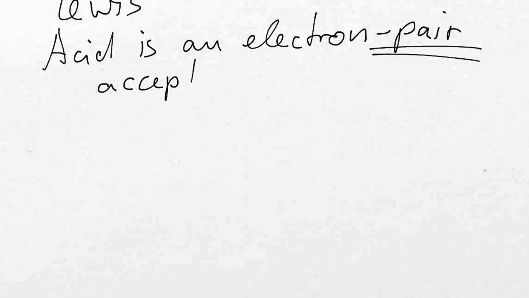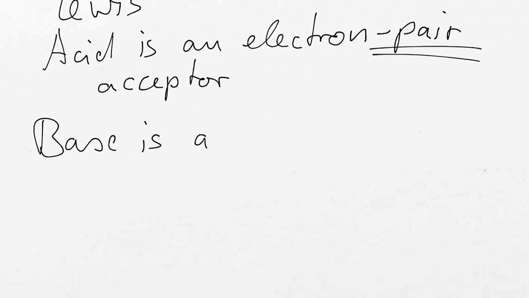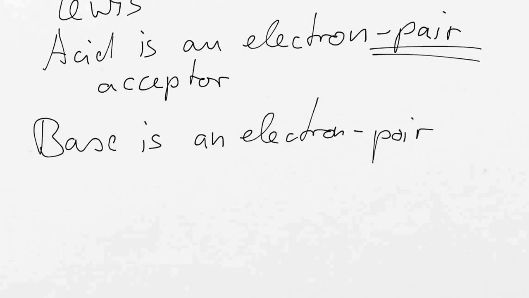Lewis said an acid is an electron pair acceptor, and the emphasis is on pair, and a base is an electron pair donor.